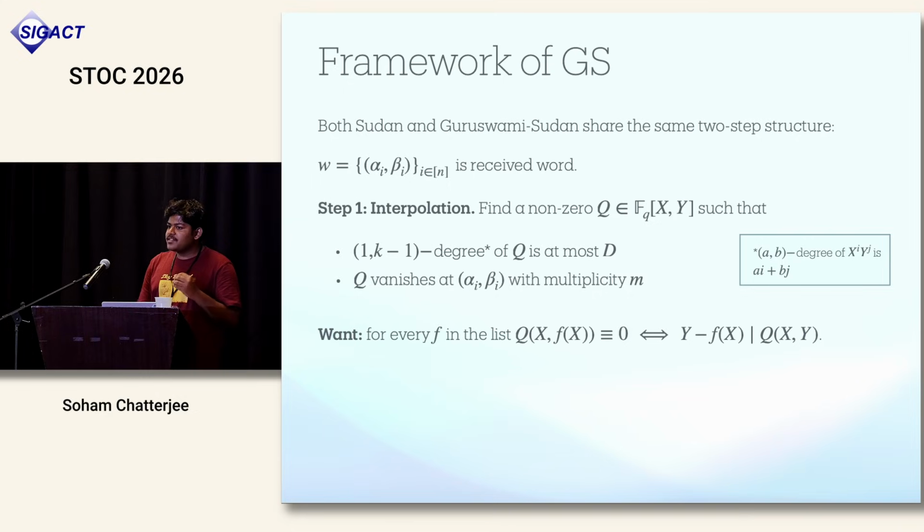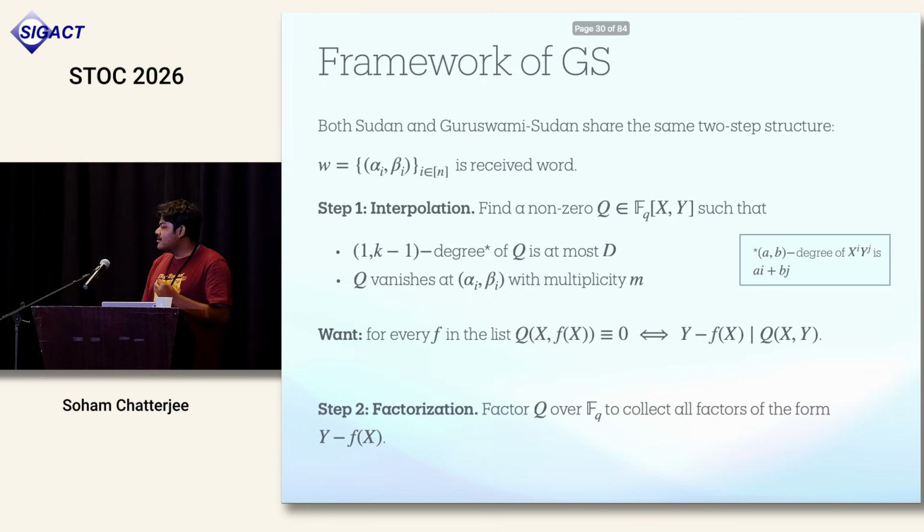That is, y minus f(x) should be a factor of Q. The next step is to factorize Q, collect all the factors of the form y minus f(x), and from those f(x) check if it has degree less than k and the agreement is at least square root of n times (k minus 1). So this is the framework.